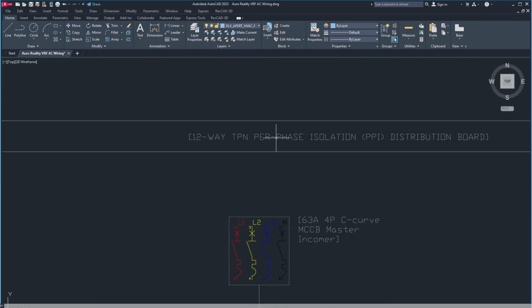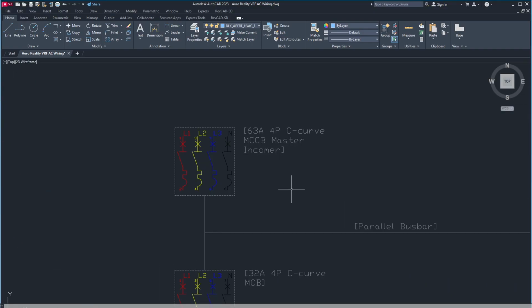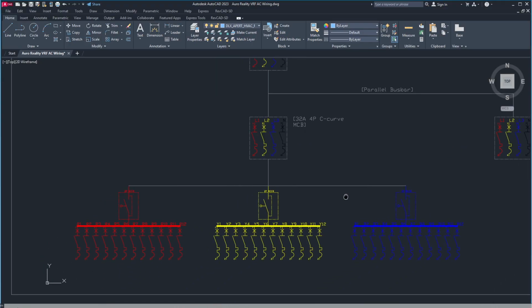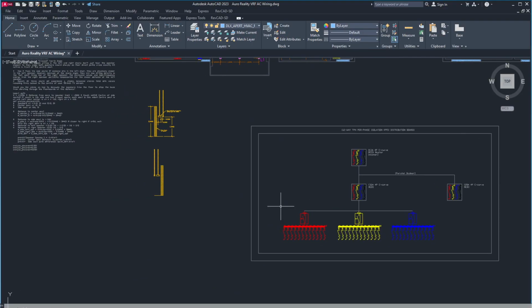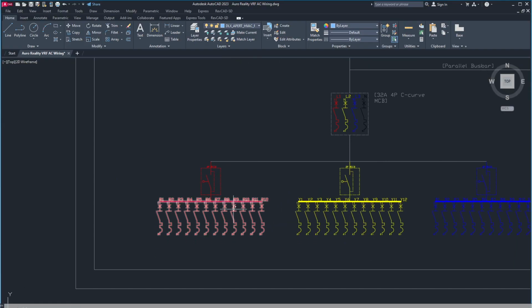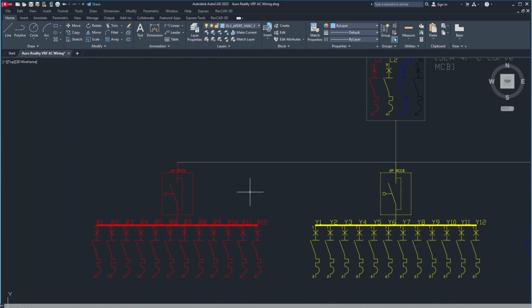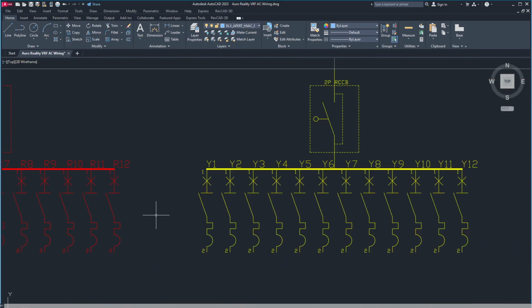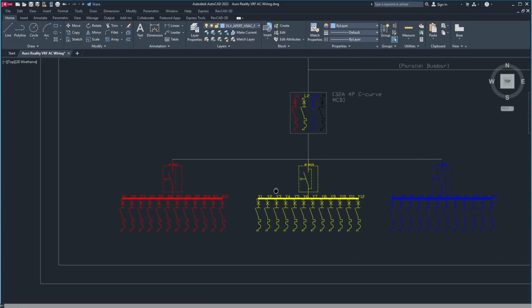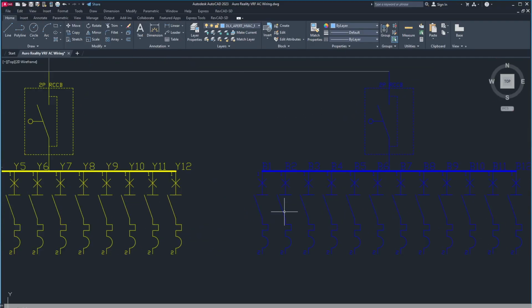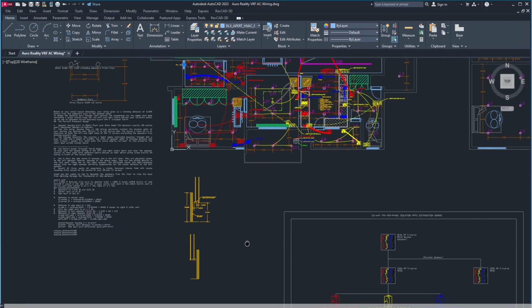This is our DB, 12A TPN per phase isolation PPI distribution board. All these calculations will be done by the engineer. If you go with an electrician, he will give you something, I don't know, and down the line it will cause issues, because there is a short circuit analysis. You can't place any MCB like that.